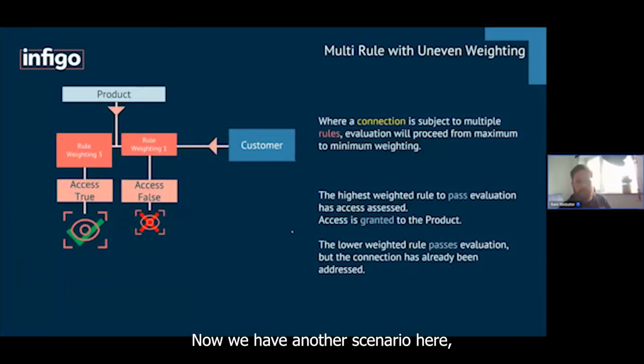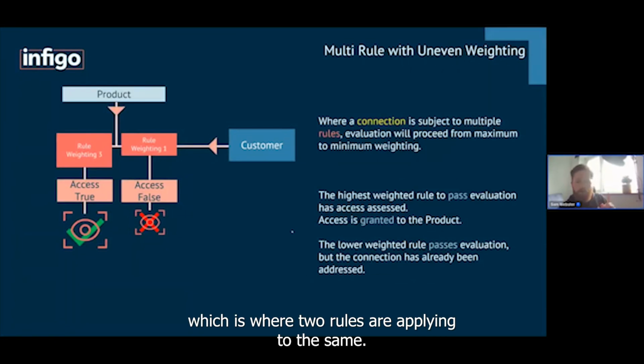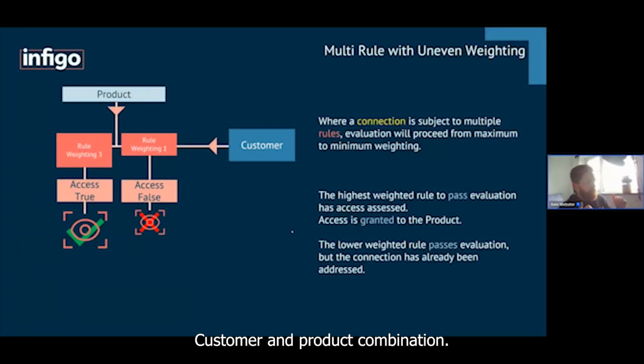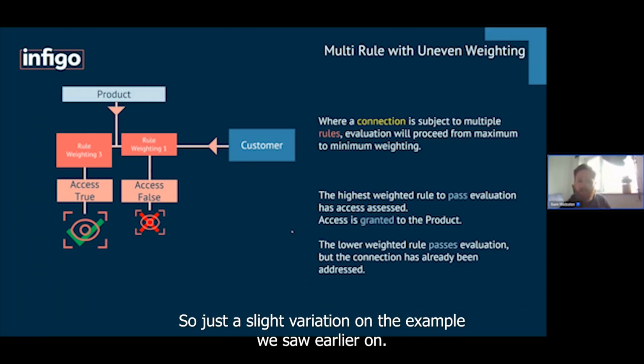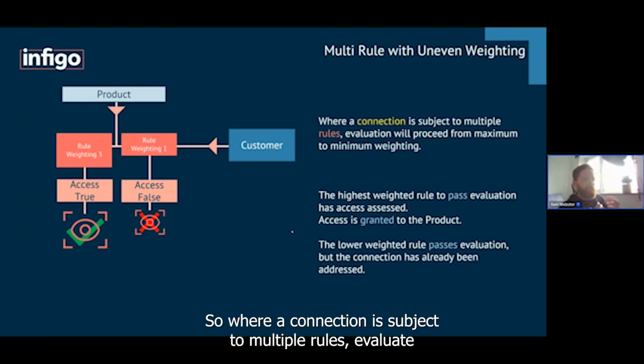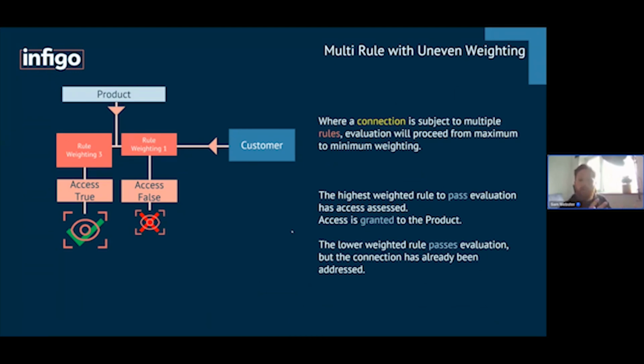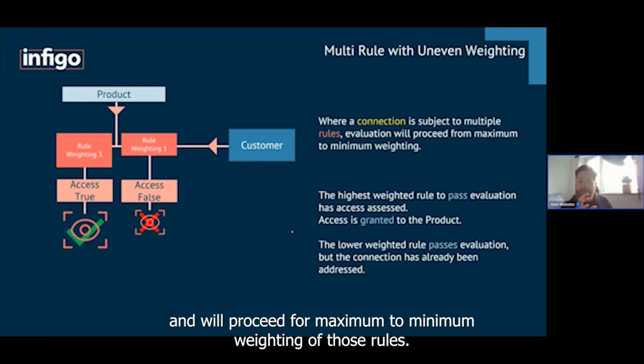Now we have another scenario here, which is where two rules are applying to the same customer and product combination. So just a slight variation on the example we saw earlier on. Where a connection is subject to multiple rules, evaluation will proceed from maximum to minimum weighting of those rules.